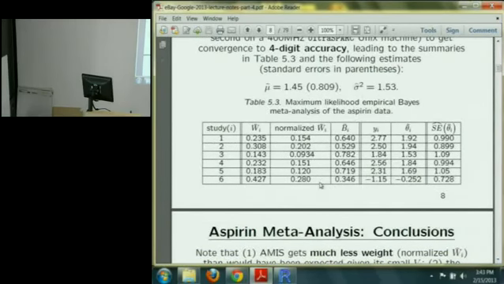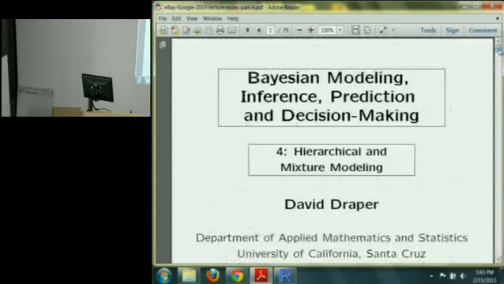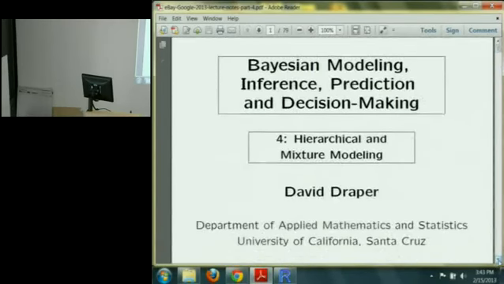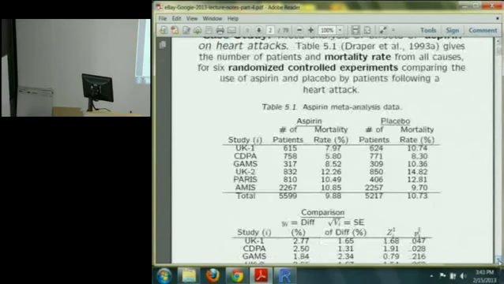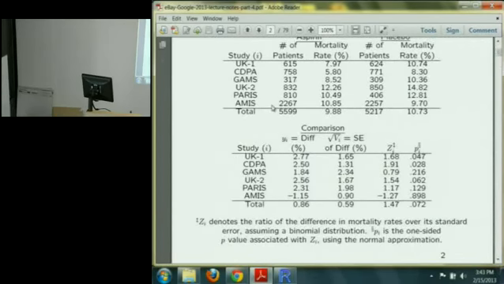And it's interesting to see that even though Amos had very much the lion's share of the data, and that therefore in a simple weighted average fashion, Amos would have an enormous impact on the answer, its weight, if you talked about a weighted analysis of a fixed effects nature, would be on the order of 40 to 45%.